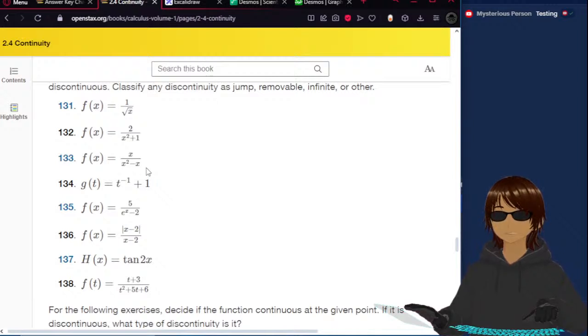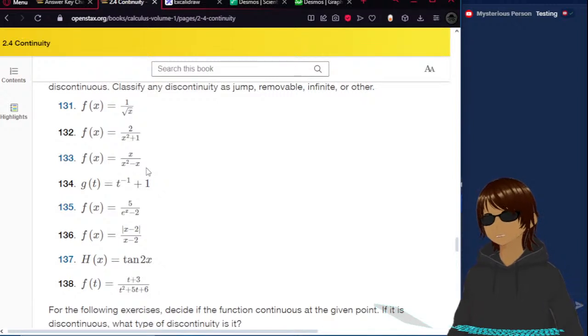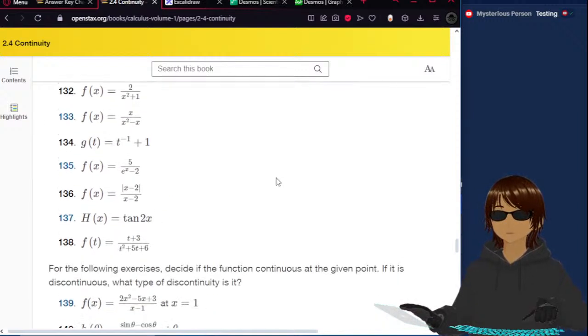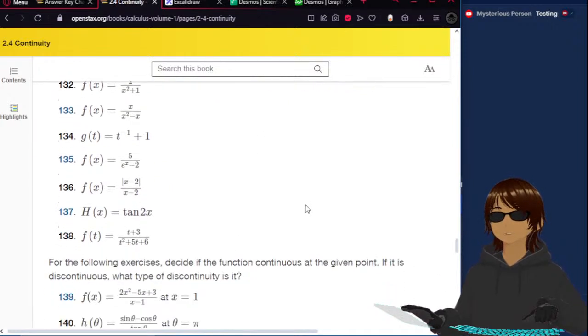It's also discontinuous at +1 and -1, I think. -1, 0 and +1, I think. Wait, are we allowed to look at the graph?